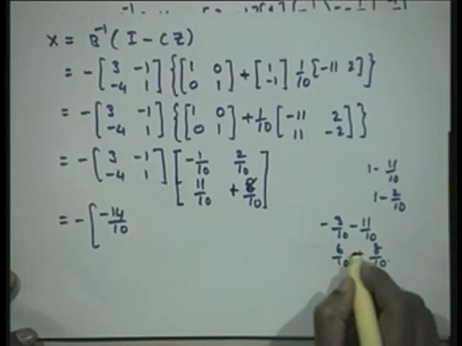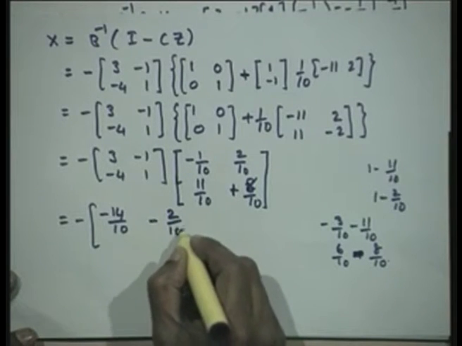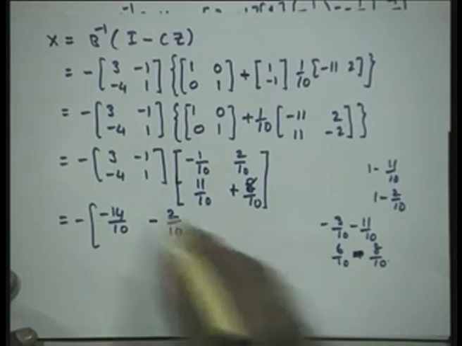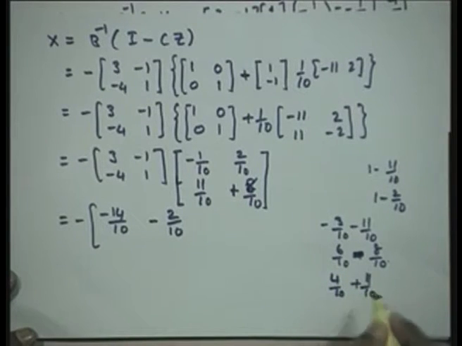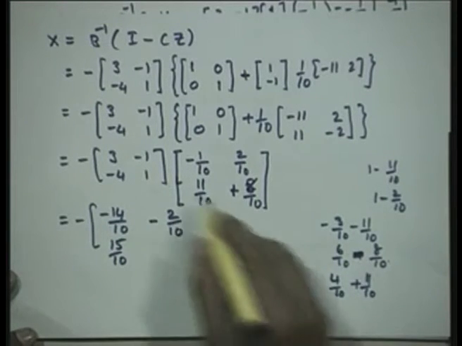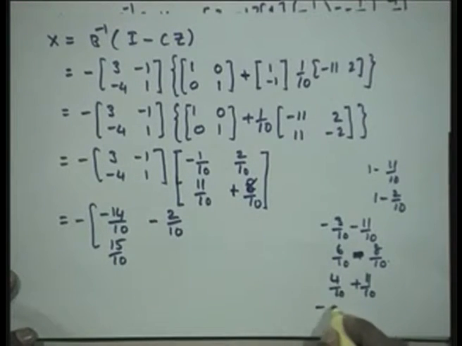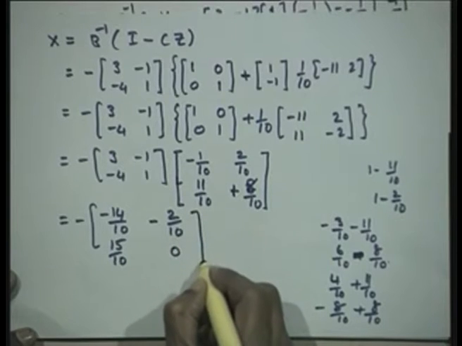So, this will be minus 8 by 10, that is minus 2 by 10. Then this product is 4 by 10 plus 11 by 10. So, we will have 15 by 10, and lastly we have this product, that is minus 8 by 10 plus 8 by 10. So, I have a 0 over here.